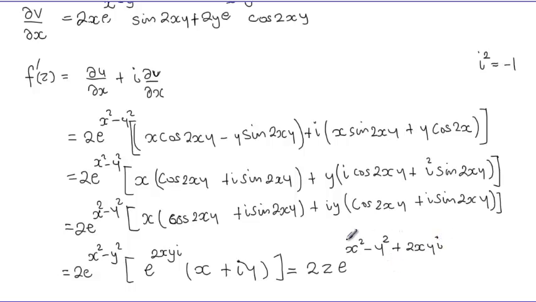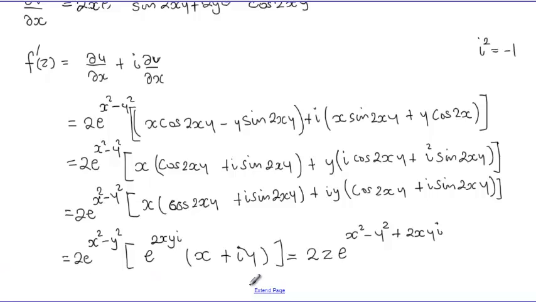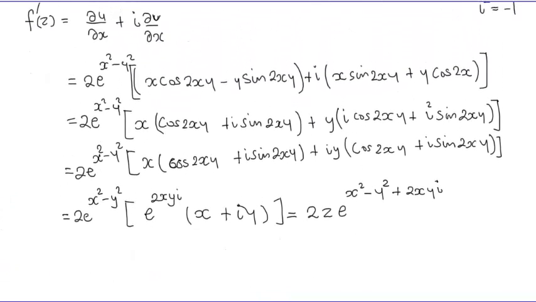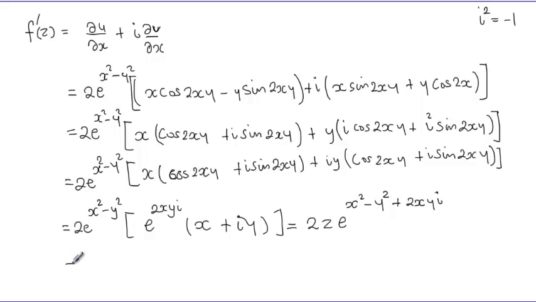And right at the beginning, we recall that this expression is the expression of z². So what we have now is exactly what we want. In this case, we have 2z e^(z²), which is our derivative in its simplest form in terms of z.